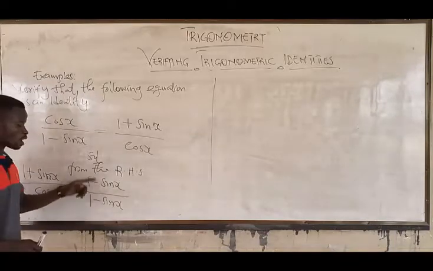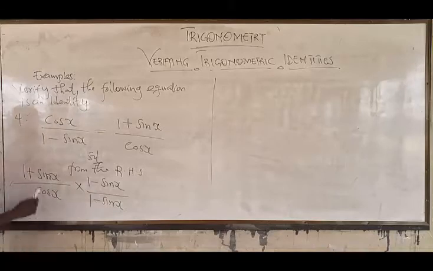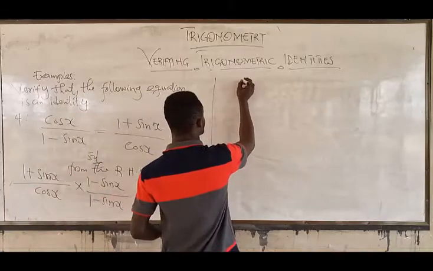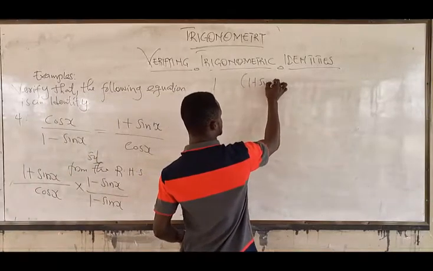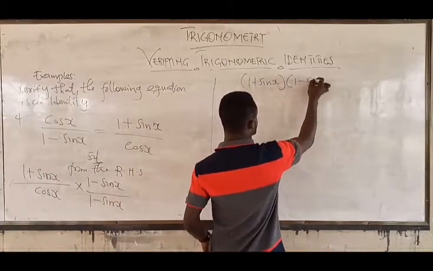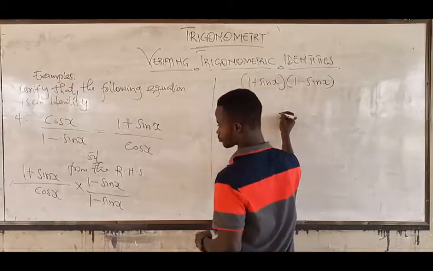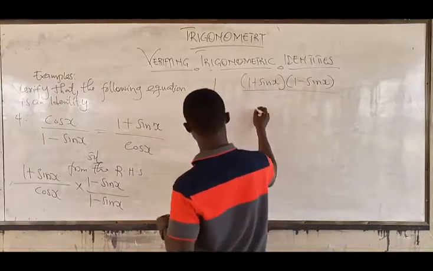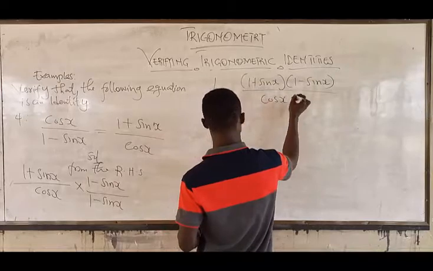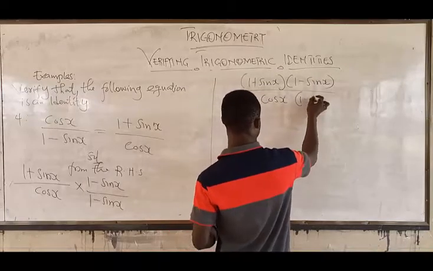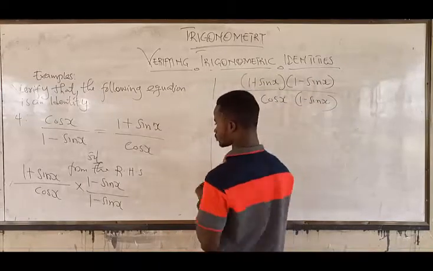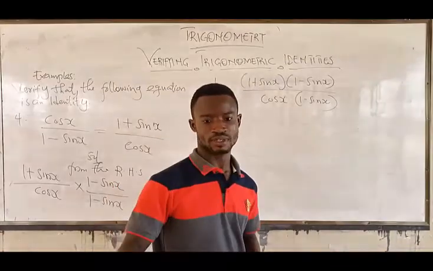So you can see this is 1, so it's the same as multiplying this by 1. But we are clearing this by changing the sign. If it is plus, change it to minus. If it is minus, change it to plus. Very good. So that is what we have there.